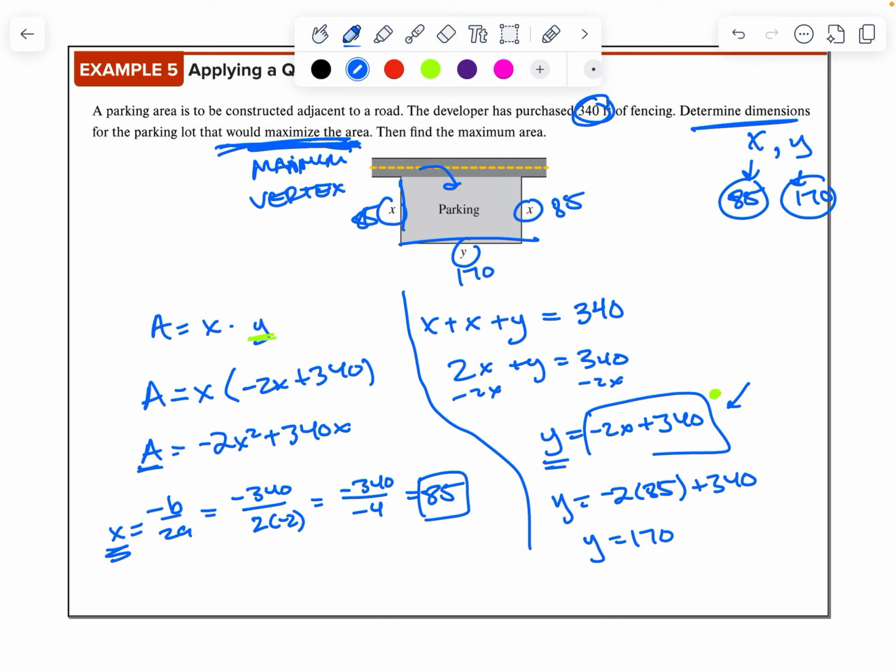So our area is just 85 times 170. And if I type that number in my calculator, 85 times 170 gives me 14,450. This is all in feet. So this is 85 feet. This is 170 feet. And this is 14,450 square feet.